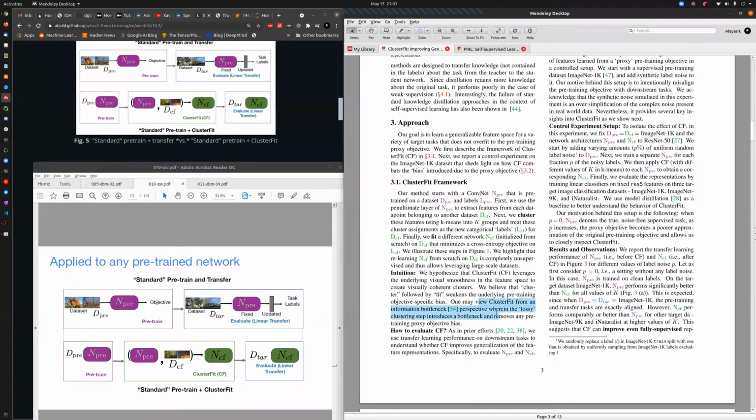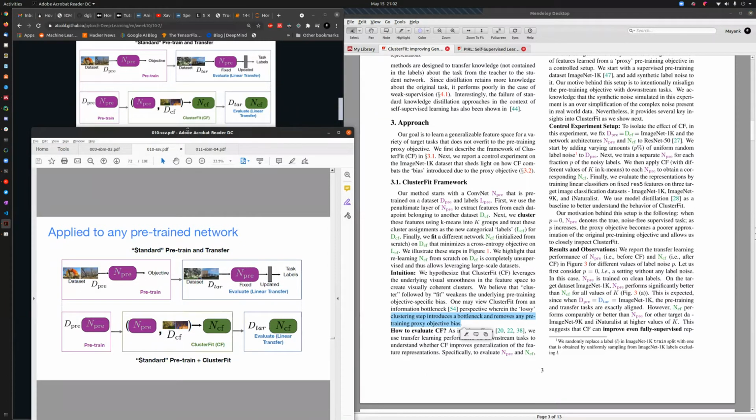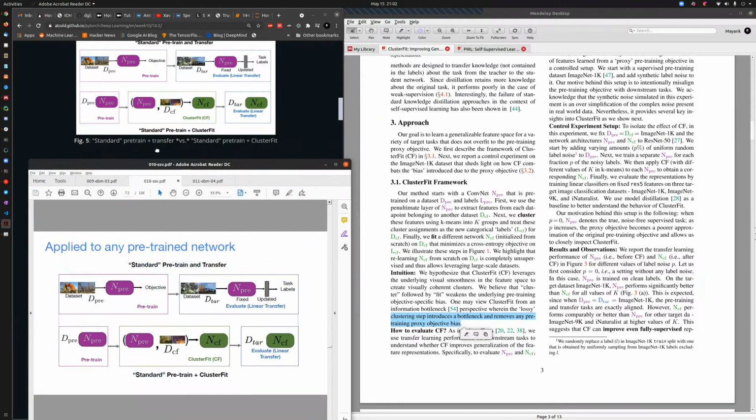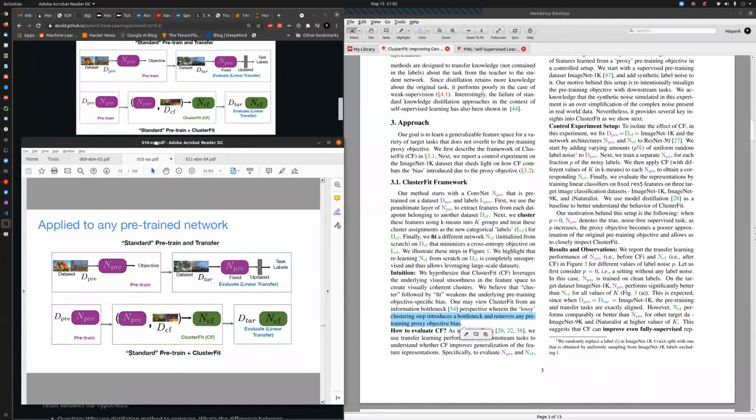And we can view this from an information bottleneck perspective too, where the lossy clustering step introduces a bottleneck and removes any pre-training proxy objective biases that it has. So this is with respect to online data, which is corrupted or the variance is too high.